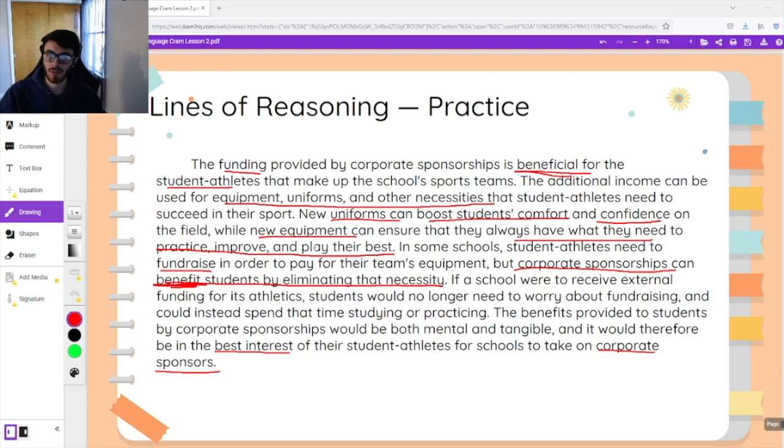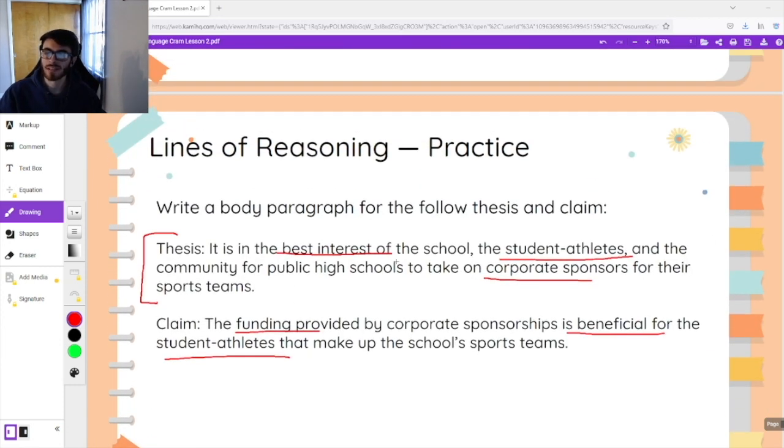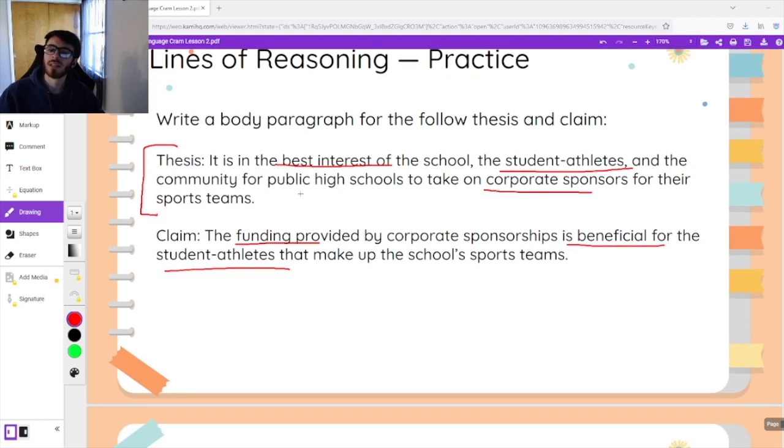A claim that I think would be good here, by the way, is that corporate sponsors benefit the community by taking the burden of funding the school sports teams off of the community. That's maybe one claim you could come up with here. Another claim could be that corporate sponsors are beneficial for the school because they give them additional funding to make improvements that they wouldn't otherwise be able to make.